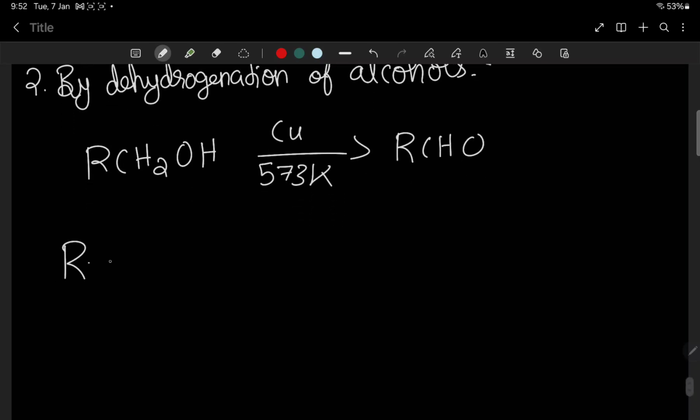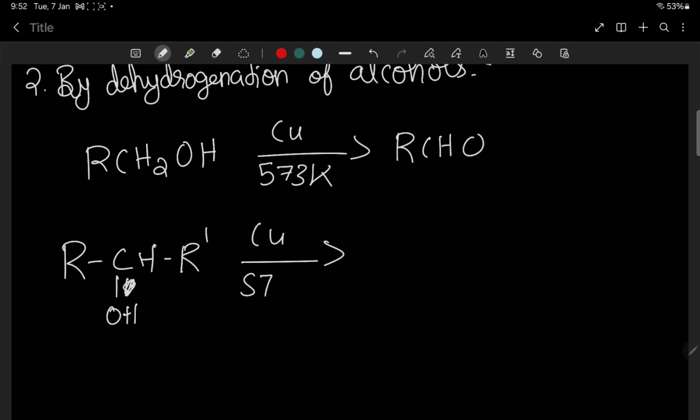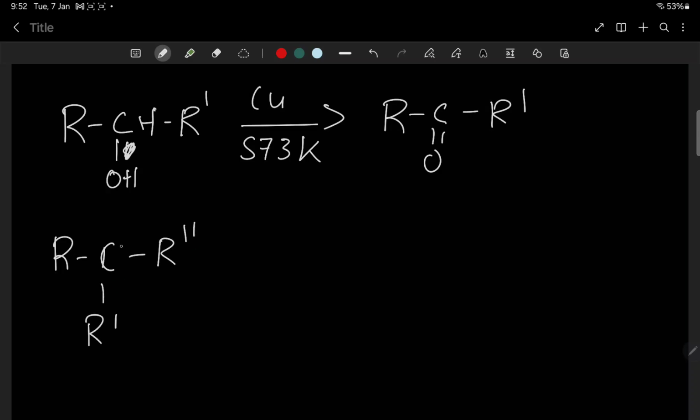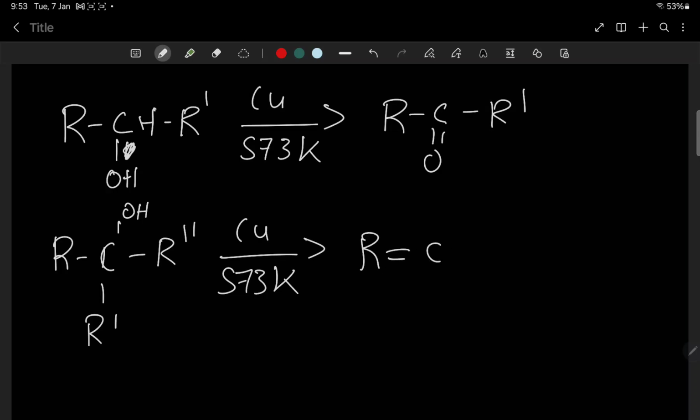If it was secondary, R-CH(OH)-R', with Cu at 573 Kelvin, we get R-C(=O)-R'. Now if it was a tertiary alcohol, R''R'ROH, with copper at 573 Kelvin, what happens? Do we get an aldehyde or a ketone? No, we get an alkene, according to Zaitsev rule. So this is the reaction.